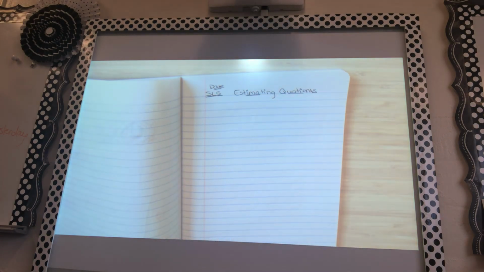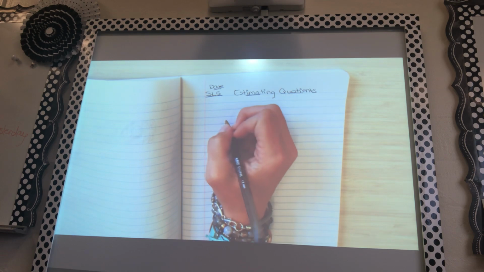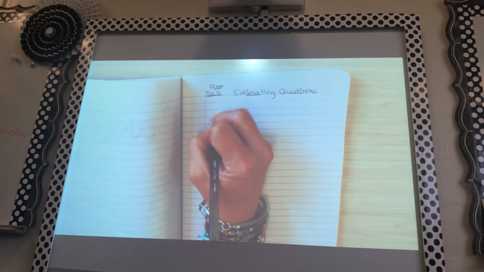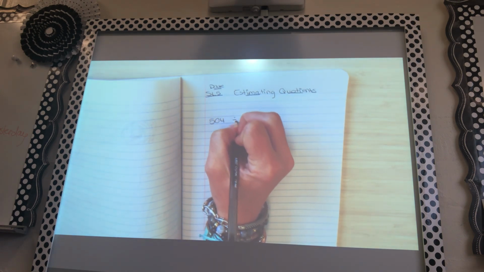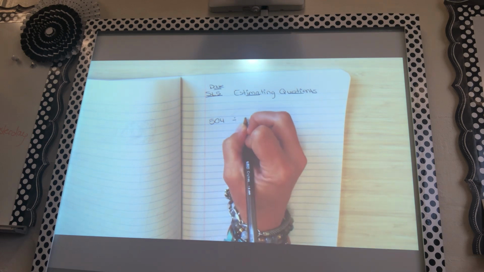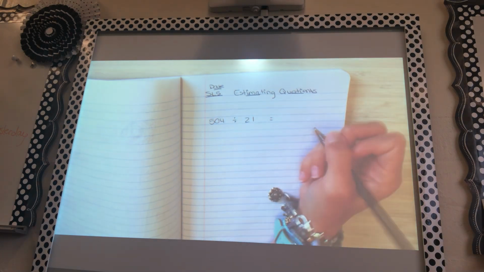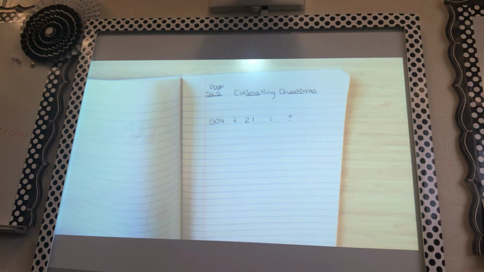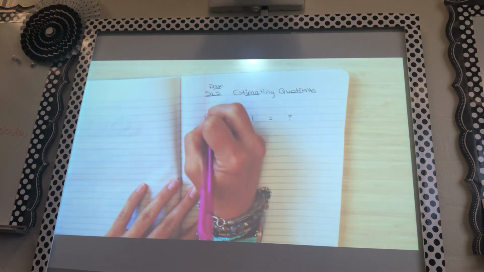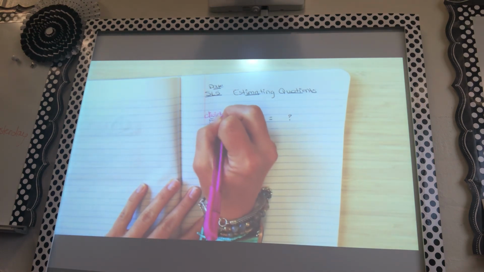And we're going to look at a division problem of a dividend of 504, a divisor of 21, and we're solving for our quotient, which we do not know right now. If you recall, our dividend is the number that we're dividing up.